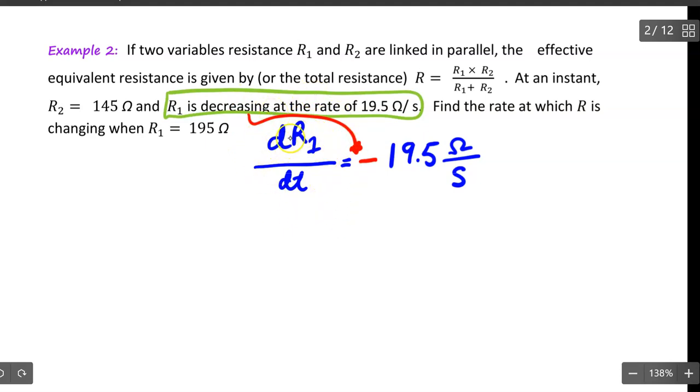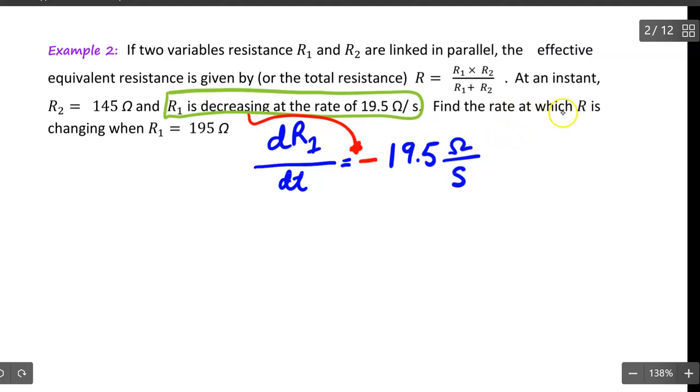So dR1 as a function of time, and then with respect to time, if I differentiate that, it will be equal to negative 19.5 ohms per second. So in that case, okay, so R2 is fixed, right?